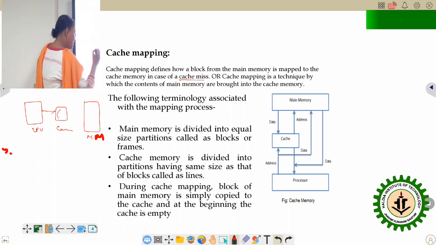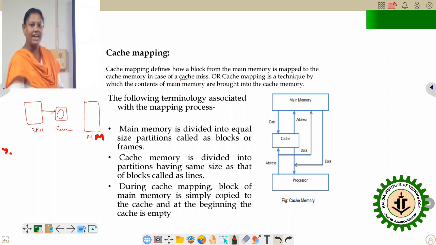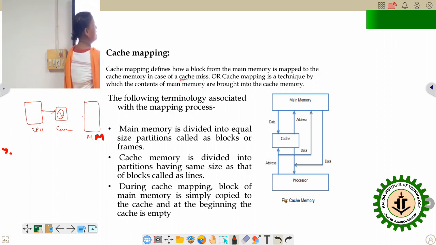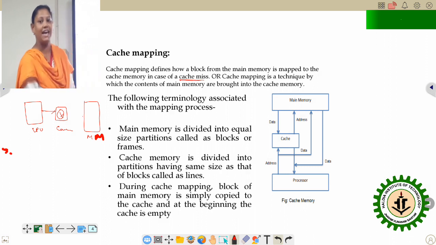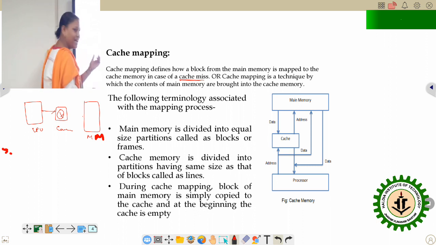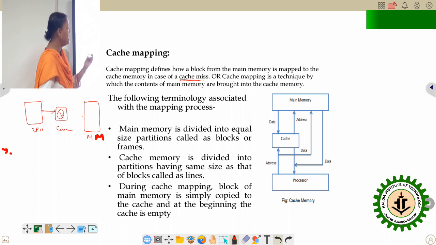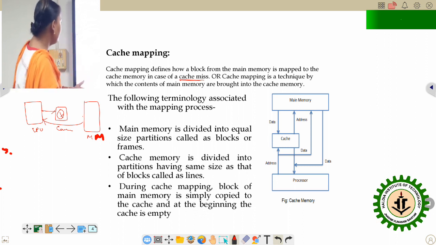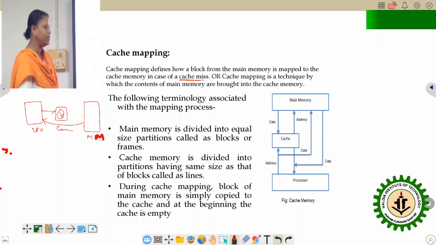If the data is not in the cache memory, then obviously the data is stored in the main memory. Then this term comes, that is the cache miss. So when there is a cache miss, you need the data, it searches the main memory, and the particular data needed for the execution comes from the main memory to the CPU.